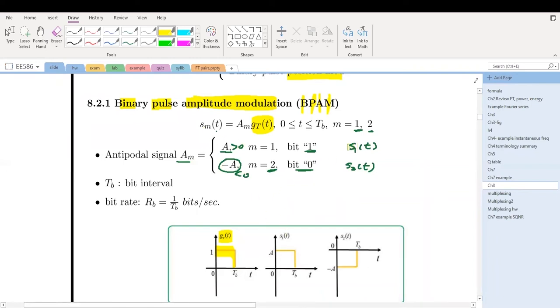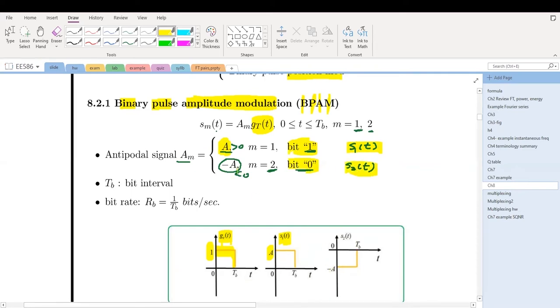We plot s1(t) here because it's g(t) multiplied by A. That's for digital bit 1, so the magnitude is A. Now for digital bit 0, the waveform is s2(t).